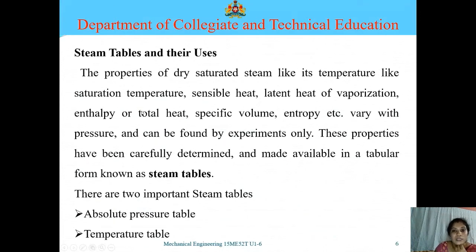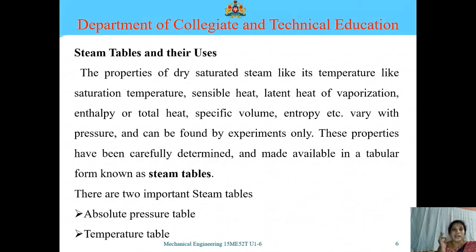So then how are these values obtained? These values are obtained by conducting an experiment at standard conditions. The values that are available in the steam table are obtained by conducting an experiment under standard conditions. So once again I'll repeat, how can we define the steam table?